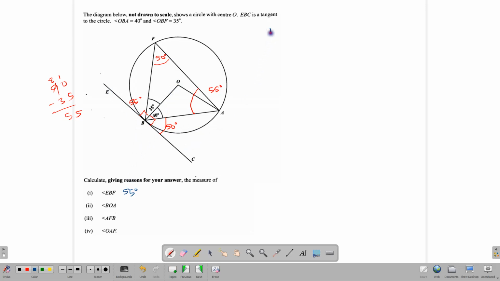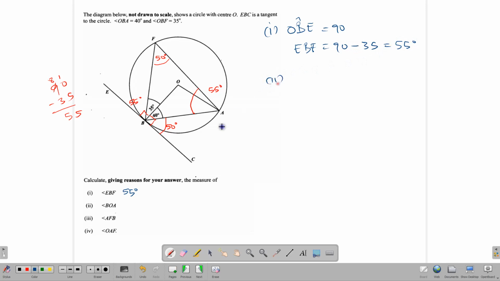So in answering part 1, OBE is equal to 90, and so we simply subtract the 35 from 90. So EBF is 90 minus 35, and that gives us our 55 degrees.